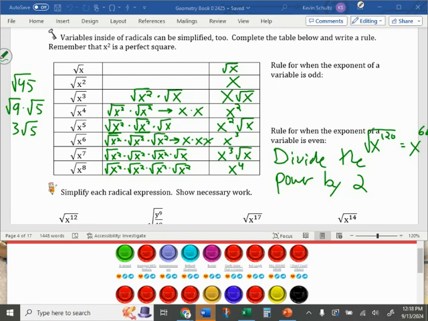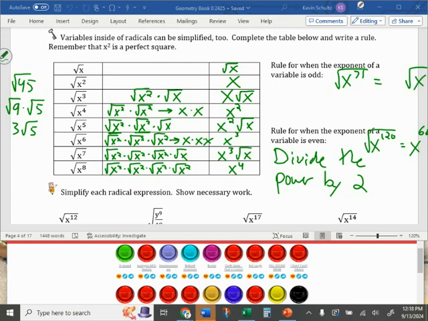How about when your power is odd? Evan already pointed out that you're going to have that root x hanging on there, but when we had x to the 5th, we had x squared root x. X to the 7th was x cubed root x. How are we going to know, if we have the root of x to the 71st, we know it's going to have a root x at the end, but what's going to be in front?